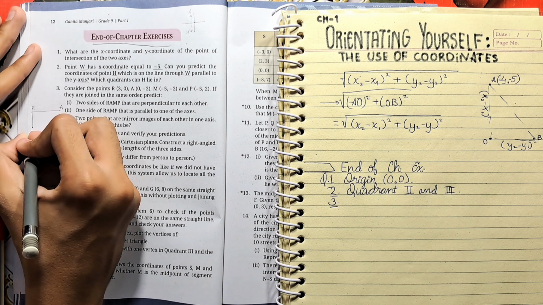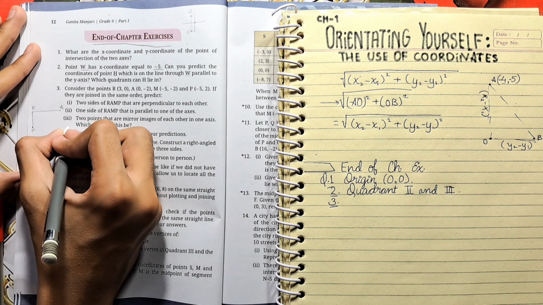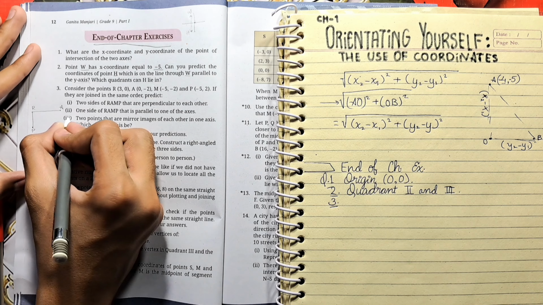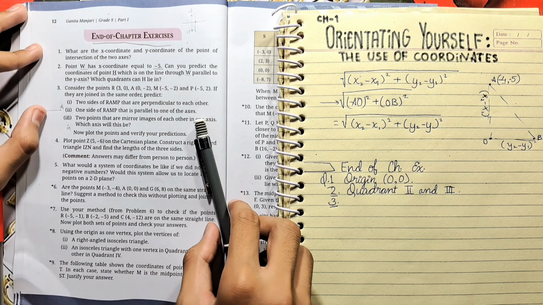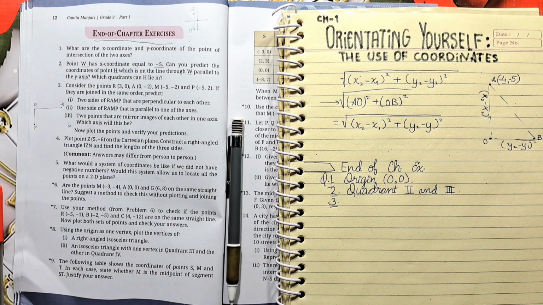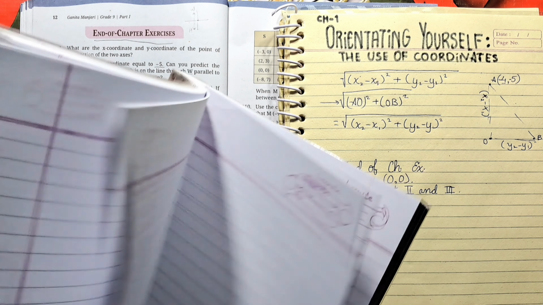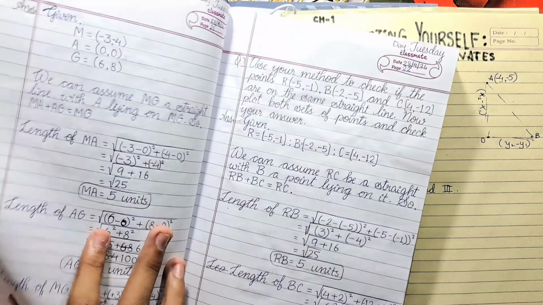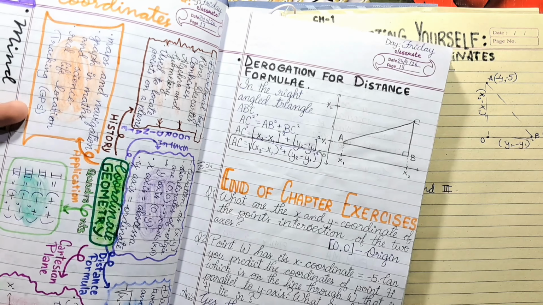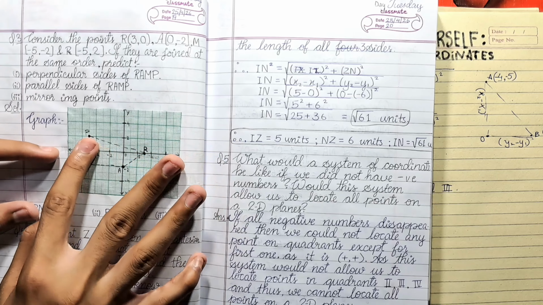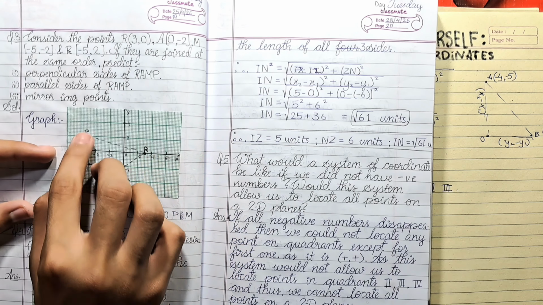This is P and this is M. Here lies A. Let me show you through my notebook, where I have covered this question very nicely. This is the second question, and this is the third question. So this is the graph RAMP.